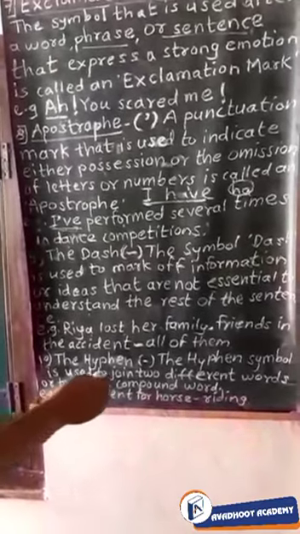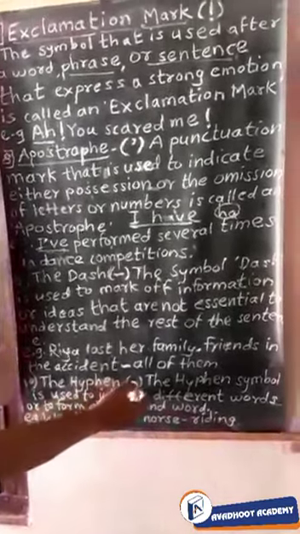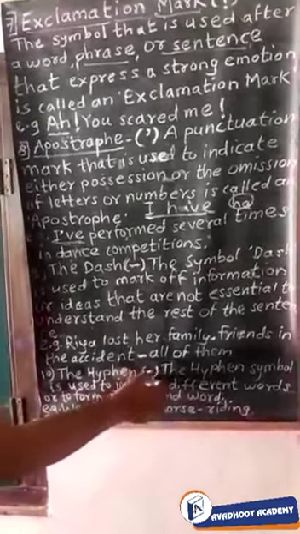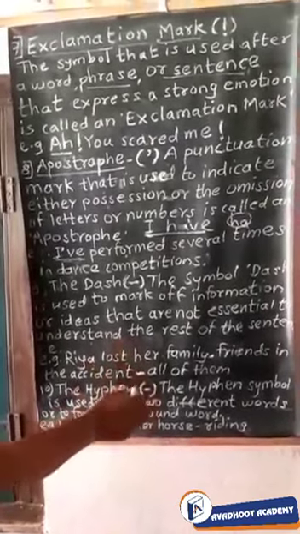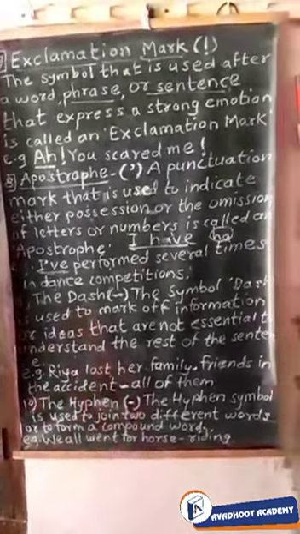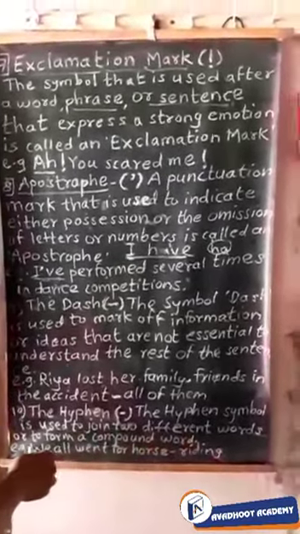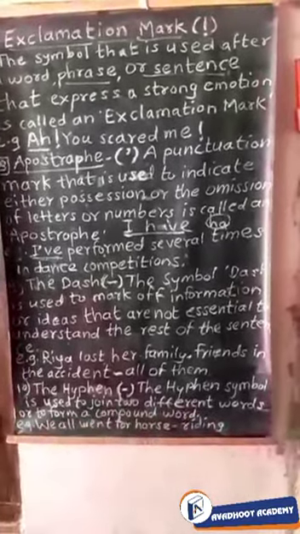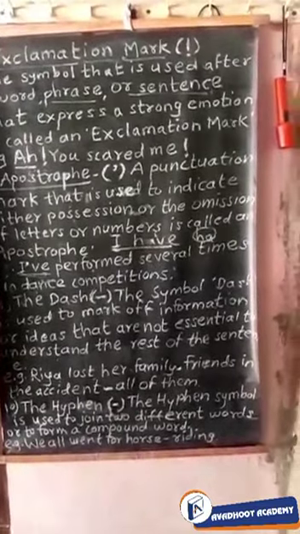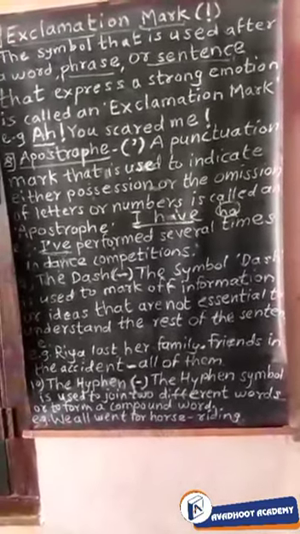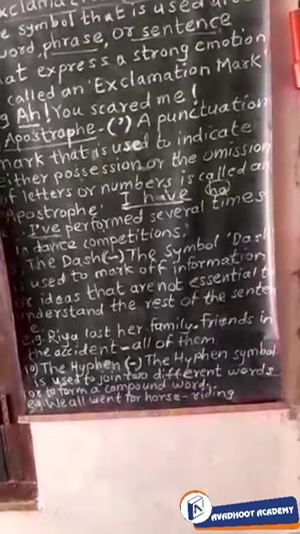Now the last one, the hyphen. The hyphen sign is also like a dash, but it is smaller. The hyphen symbol is used to join two different words or to form a compound word. You know compound words? For example, well-built, ice-cream. These are compound words.